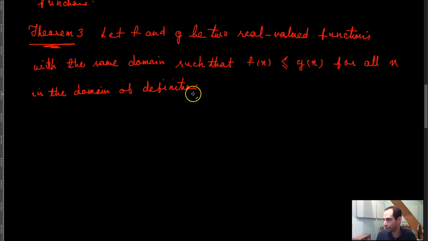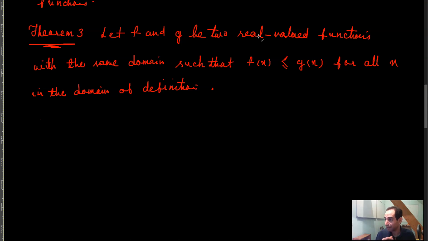So f and g are two real valued functions, meaning that the range of these two functions is the set of real numbers or a subset of it, and they have the same domains, in such a way that f of x is less than or equal to g of x.